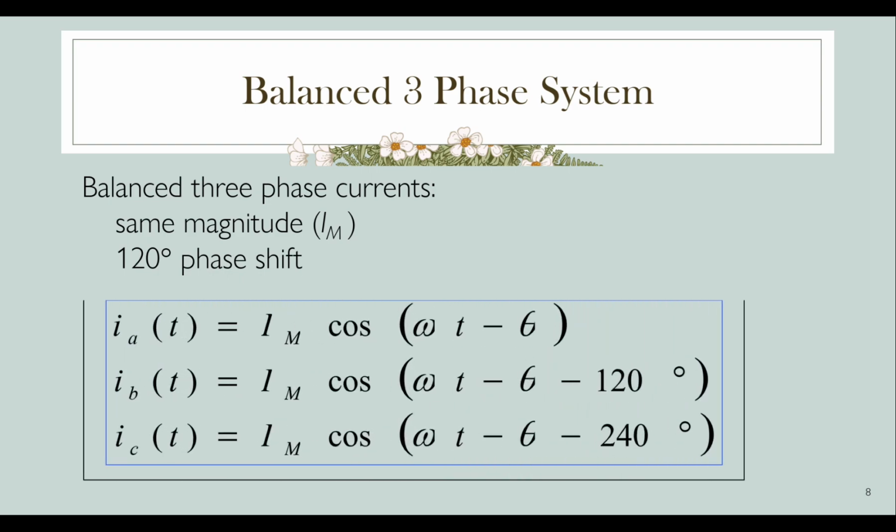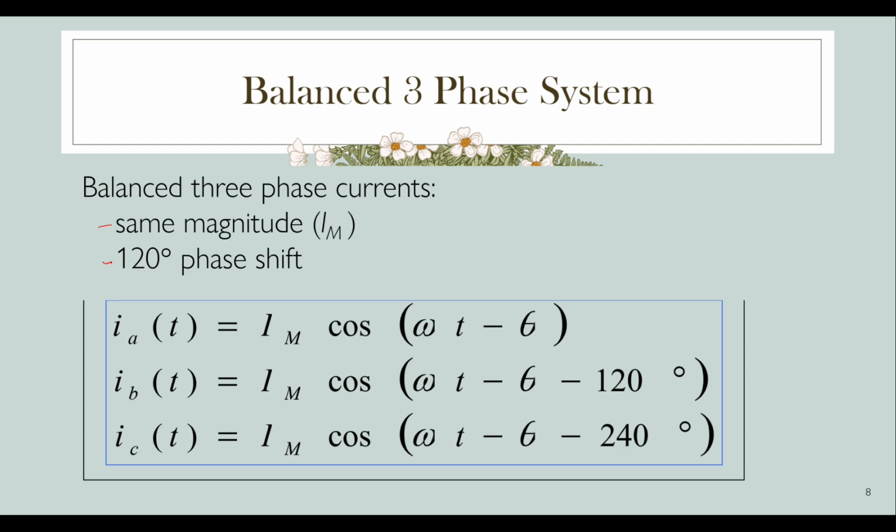For a balanced three-phase system, the currents have the same magnitude, and they also have a 120 degrees phase shift. Also the same, IA equals Im cos omega t minus theta.